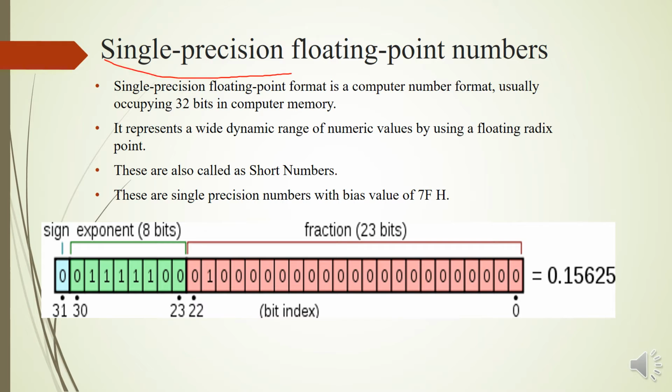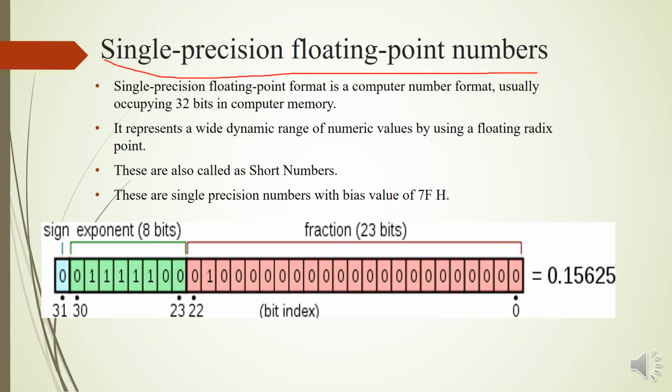Single precision floating point numbers. Single precision floating point format is a computer number format that usually occupies 32 bits in computer memory. It represents a wide dynamic range of numerical values by using a floating radix point. These are also called short numbers. These are single precision numbers with a bias value of 7fh.